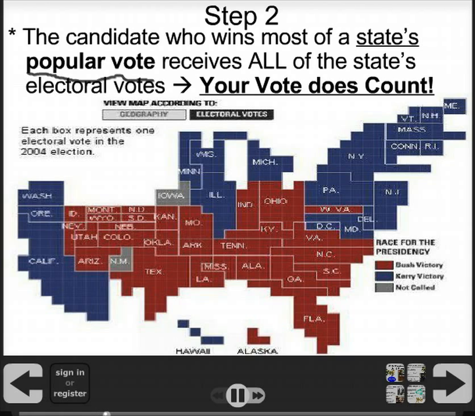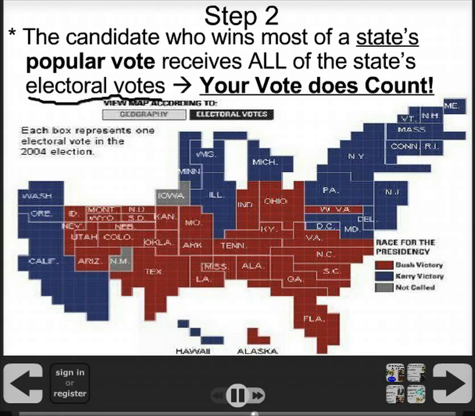The way this works in pretty much every state except for a couple, the candidate that wins most of a state's popular vote, or plurality, who has the most votes, gets all of that state's electoral votes. So I'll say that again. The candidate that wins most of a state's popular vote, that's the raw number of votes cast for somebody, gets all of that state's electoral votes.